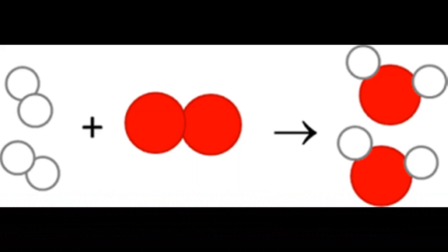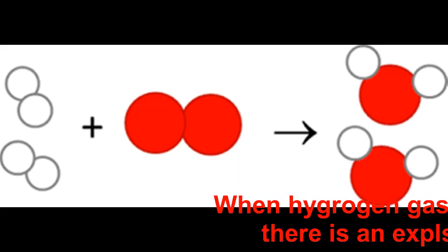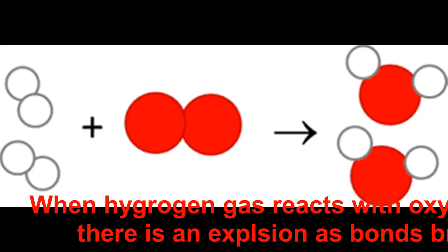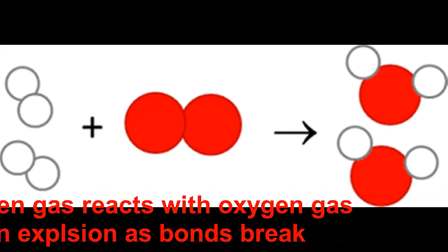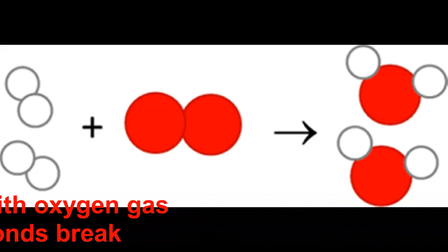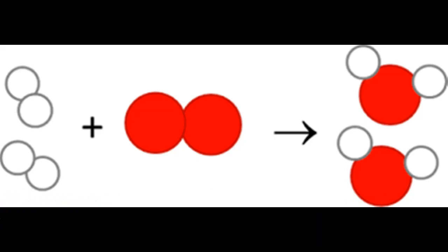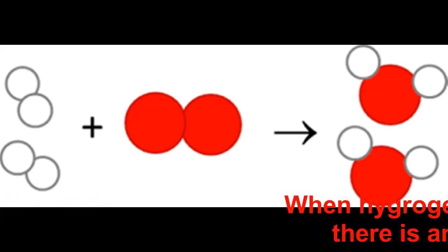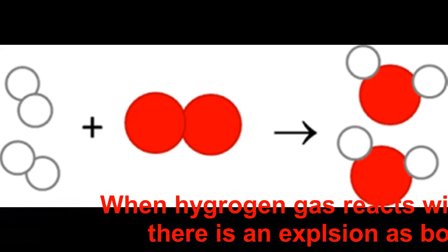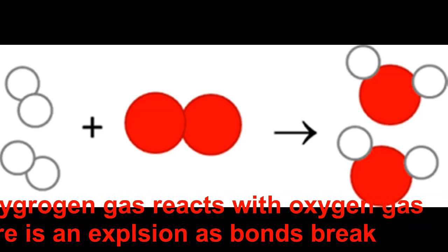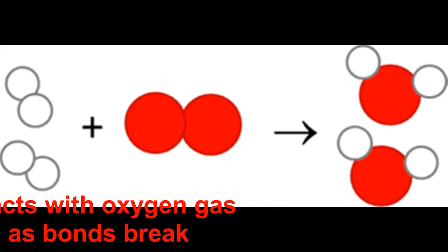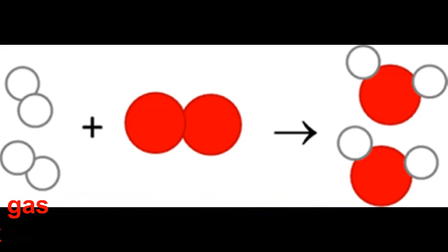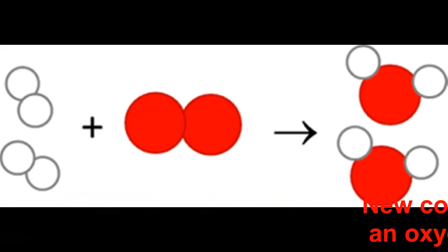So, if you remember from last week with the hydrogen balloons, as soon as a little bit of energy is given to the hydrogen in the balloons, it reacts with the oxygen in the air and it causes an explosion, releasing large amounts of heat and light, plus that bang from the explosion. Thus, this is a chemical change.